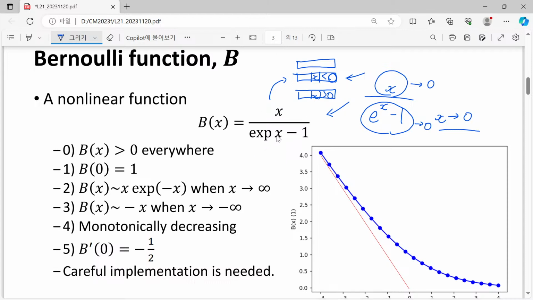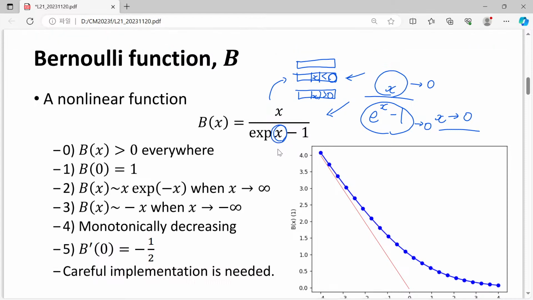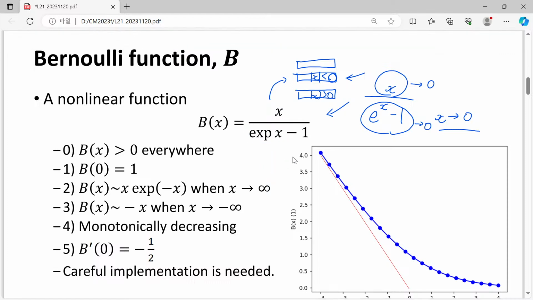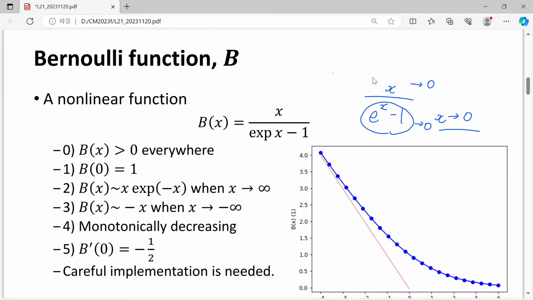Another rare case is if we have too large an x value, then this exponential function can give us too large a number, so the exponential itself gives us infinity. Once we have this infinity, minus 1 will give us infinity again, so division by infinity can happen. Please be careful about this one. I think that's it for the implementation of our Bernoulli function.